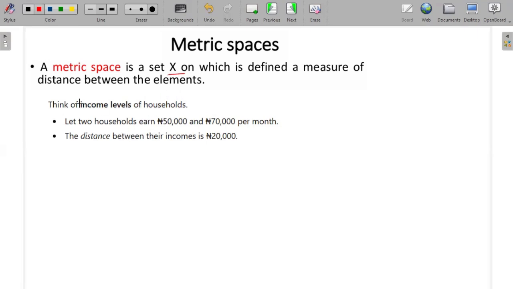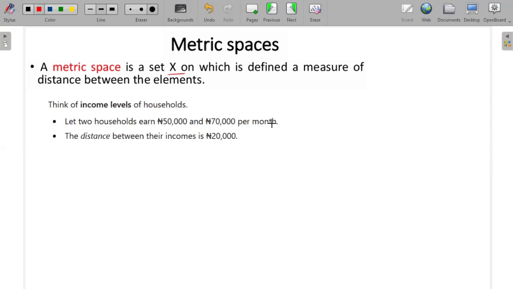Now here, think of income levels of households. Let's say there are two households, one earns 50,000 kwacha and the other earns 70,000 kwacha per month.